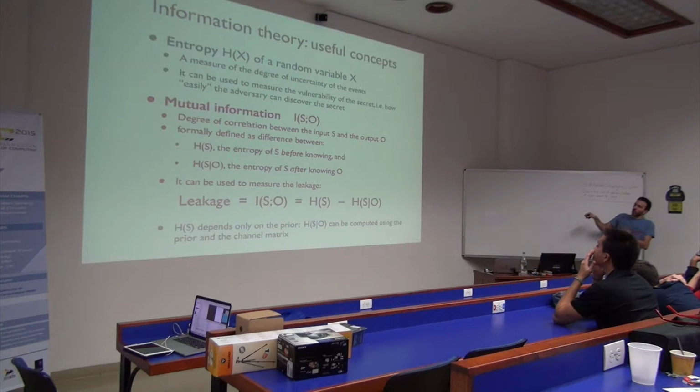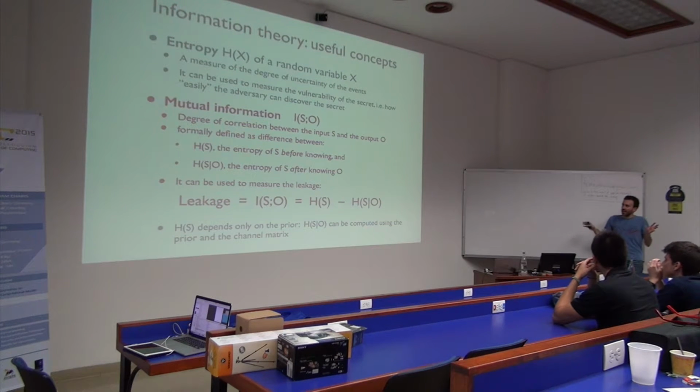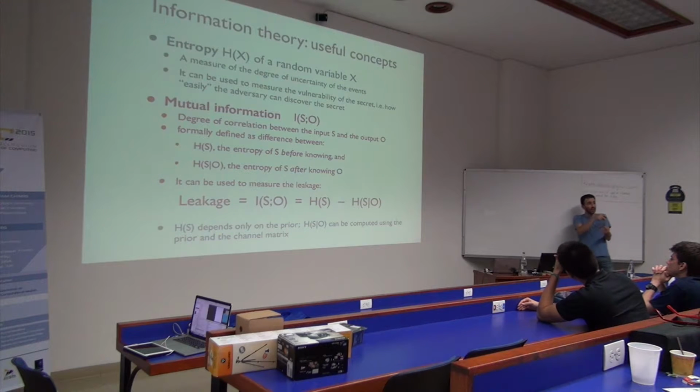And in order to arrive at mutual information, I'm going to use an auxiliary notion, which is the conditional entropy of S given O. Now I have two dependent variables, and again I want to measure entropy, but not the entropy of S itself, but the entropy of S assuming that O was given. Before, I just had a random variable without any extra information. Now I have a random variable, and somebody tells me the value not of this variable, but of some other variable.